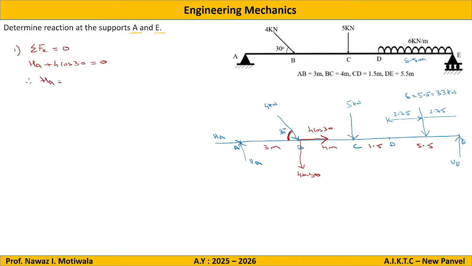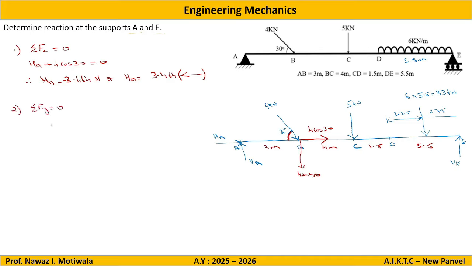HA is equal to minus 3.464 kilonewton, so HA is 3.464 going in the opposite direction. We have assumed it towards right, but it will be towards left, because we got the answer as negative.